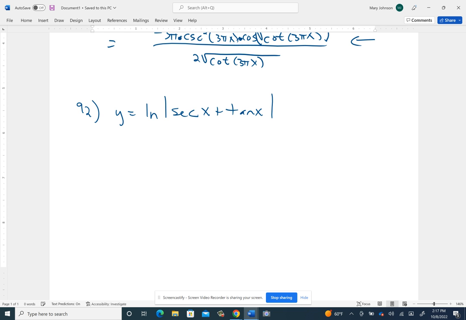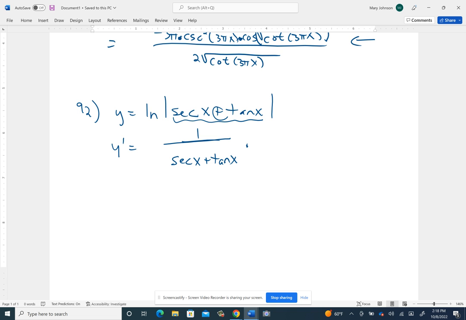Whether there's absolute value there or not, the derivative of a natural log is 1 over your input.